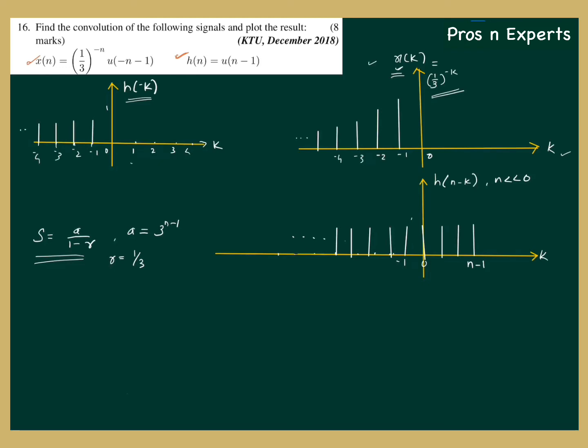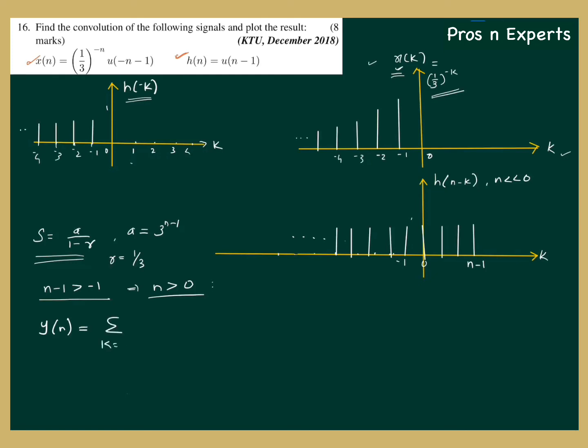Right. So what is this condition called? N minus 1 is greater than minus 1. Previous case, n minus 1 was less than or equal to minus 1. Now n minus 1 is greater than minus 1, or in other words, n greater than 0. Okay, so we are going to evaluate y of n at the interval n greater than 0.